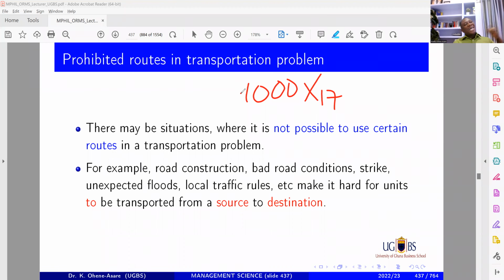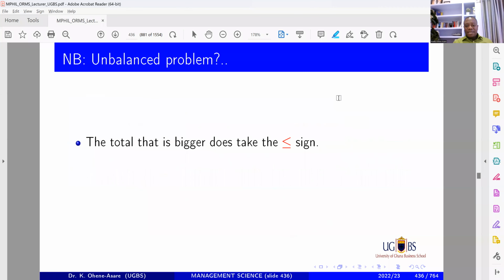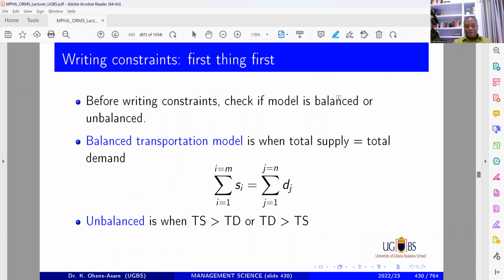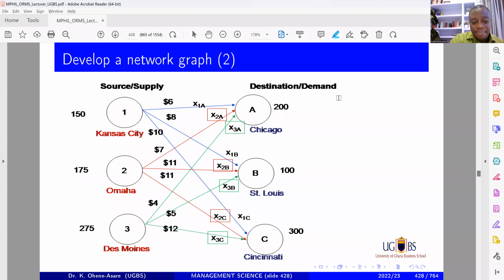Suppose when I was giving you the drawings, I had said, let me see if I can show you that. I need to use a graph for it to make beautiful sense. Suppose I had told you that the route from 3 to 6 here is a prohibited route, and I did not give you the number 12.